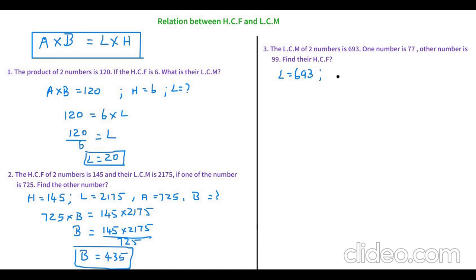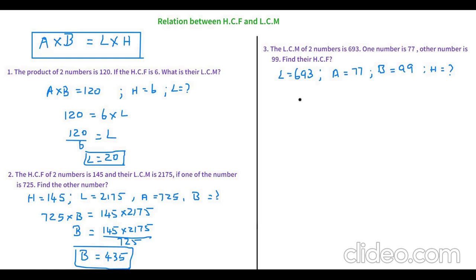One number which is A, that is 77. The other number which is B, which is 99. So we know these three things. We have to find out the HCF. HCF is unknown. So we will use the same formula. The product of two numbers equals the product of L and H, that is the LCM and HCF.